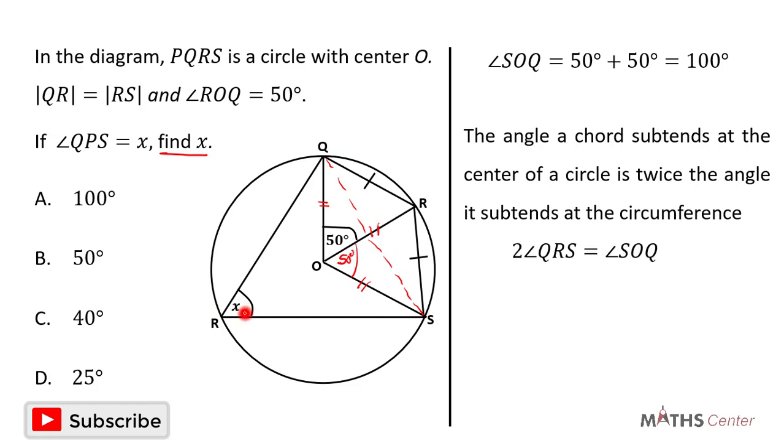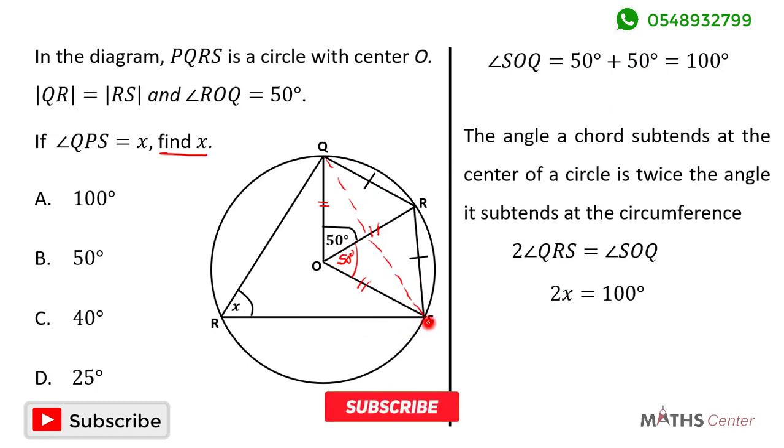So what it means is that 2 times angle QRS, which is the angle subtended at the circumference, will be equal to the angle subtended at the center, which is angle SOQ. Angle QRS is X, and we have just found out that angle SOQ is 100 degrees.